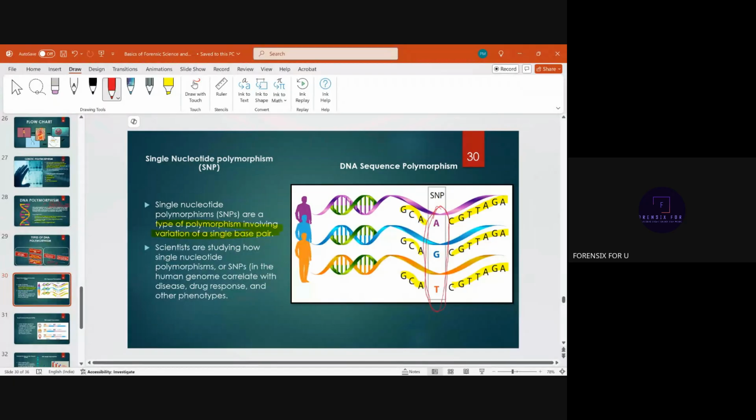And the change of this single nucleotide results in the formation of 3 different individuals here. In the Human Genome Project, scientists are studying these SNPs to correlate with disease, drug response, and other phenotypes, the occurrence of different unique phenotypes and the reasons by which they are formed. They are studying this under the category of single nucleotide polymorphism. Right?